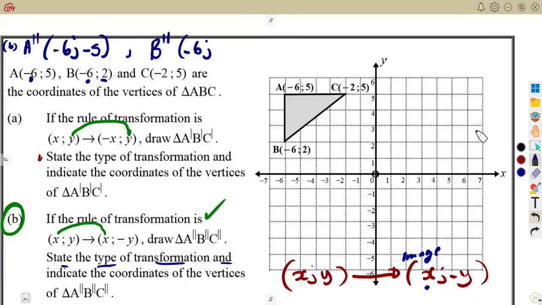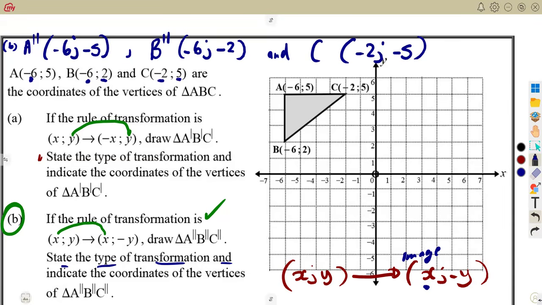It was a 2 originally, so we multiply it by a minus. So minus times 2 is what? That will be minus 2. So the Y value will be minus 2. And the same thing on the point C. On the point C, the X value is not affected. That's a minus 2. It is the Y value, a 5. You multiply it by minus, so it will be minus 5.